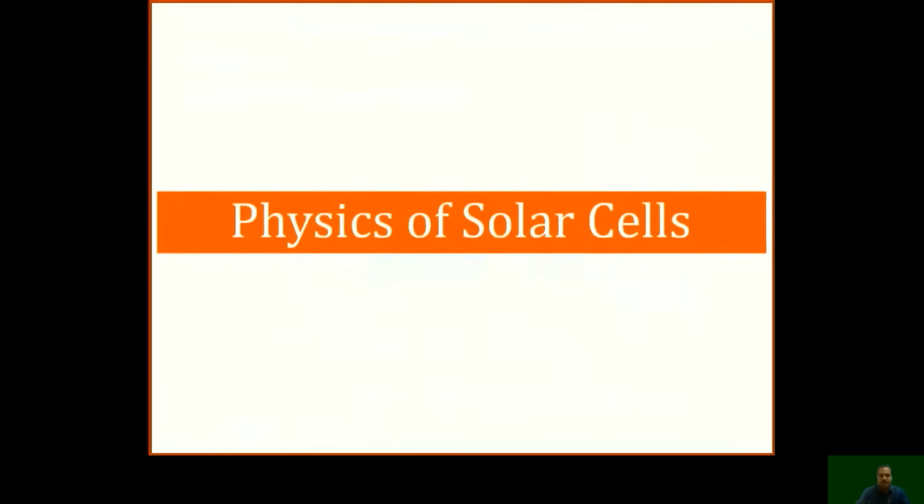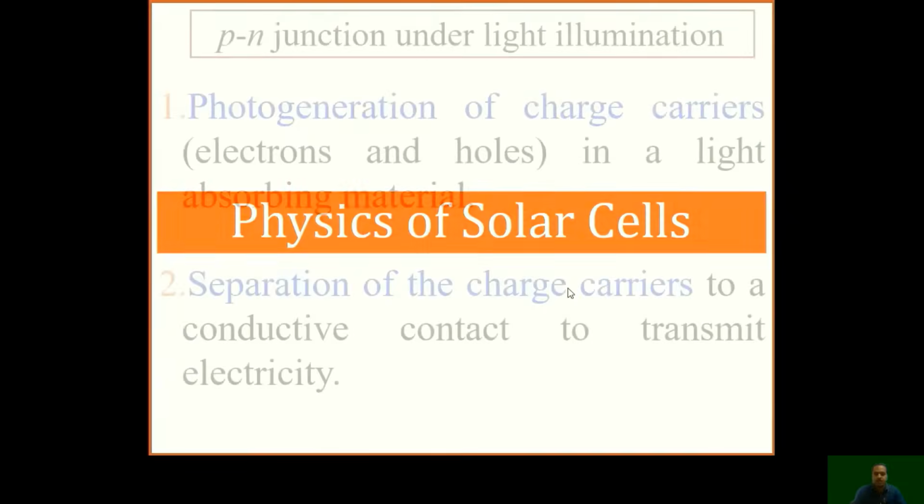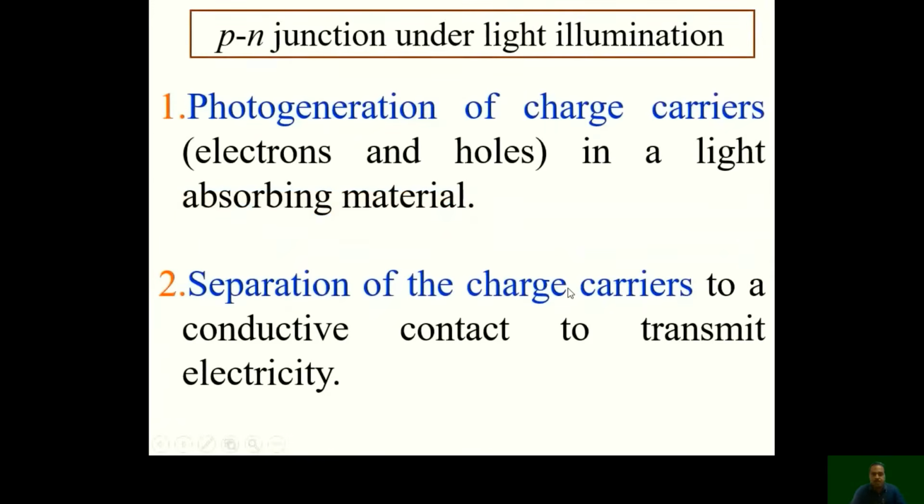The next part will be discussing the physics behind the solar cell. The solar cell is basically a PN junction under light illumination. So what happens to a PN junction when we illuminate light on it? First of all, electron and hole pairs are generated, and that is called photon generation. The photon generation process takes place in the light absorbing material.